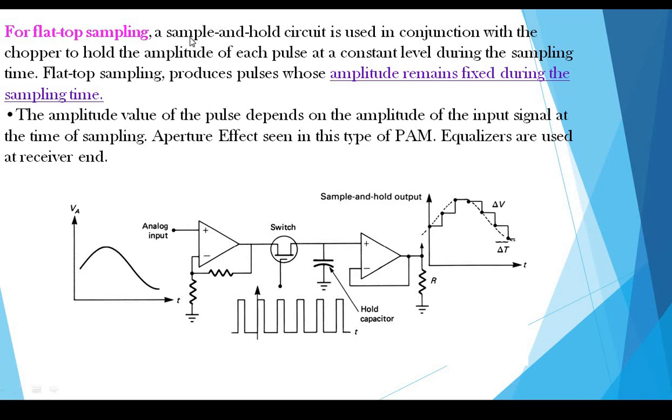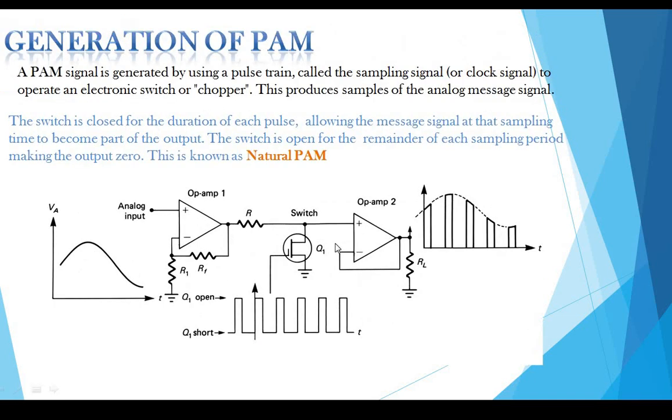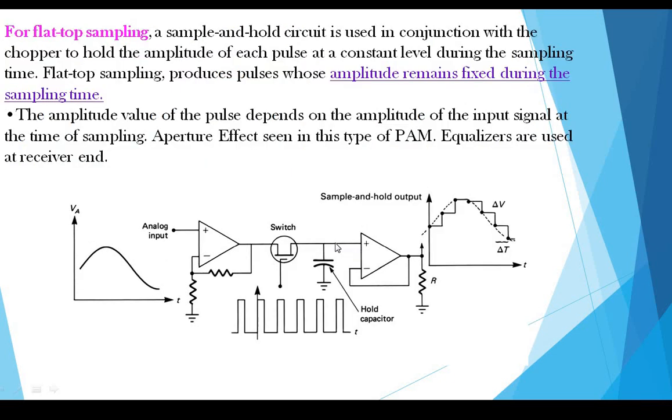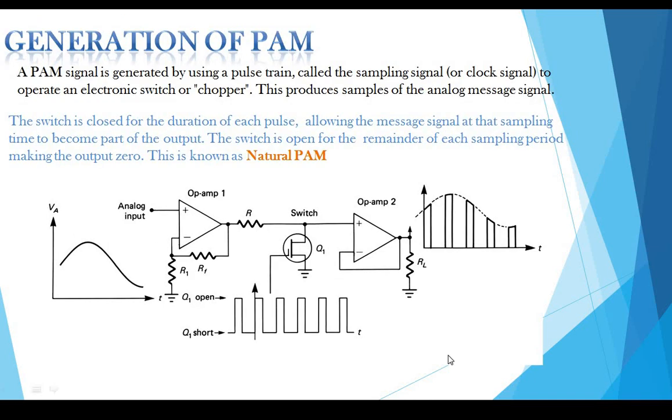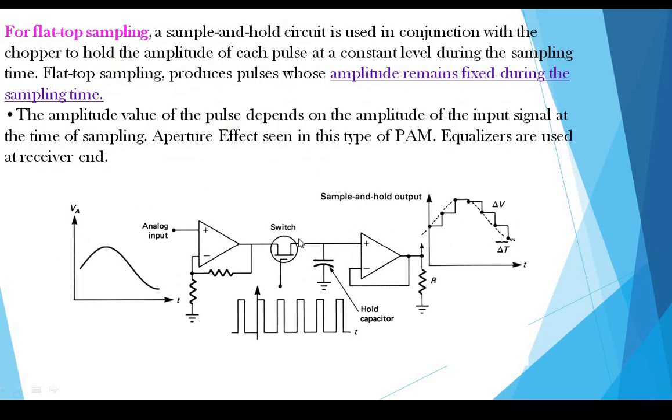The pulse amplitude should not vary with your message signal, so you will not get this output. In natural PAM you are not holding the amplitude of your pulse, but here you will have the circuit which holds the amplitude of your pulses.